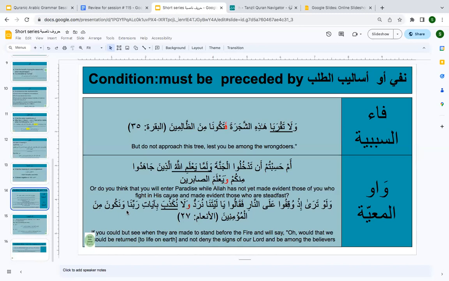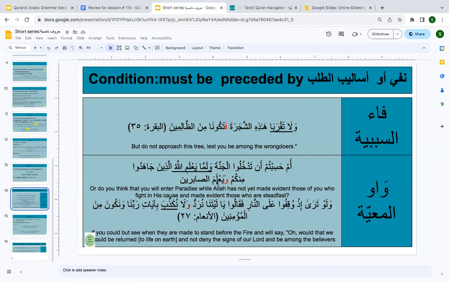But students will be very confused when they see something mansub and they do not know any reason why this is nasb status. Since you have studied the complete list of huruf nasiba, you can figure out that this is waw ma'iyya because there is an asalibutal before it, or there's a negation before it. This qualifies to be waw ma'iyya, and then possibly there's a hidden an after it, which is making mudari mansub.